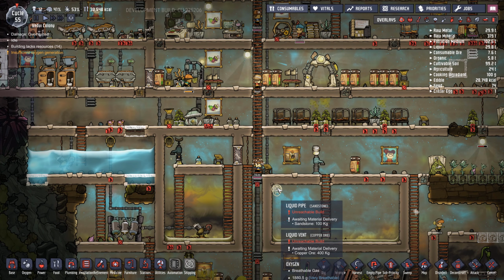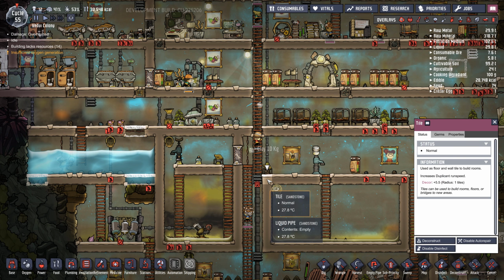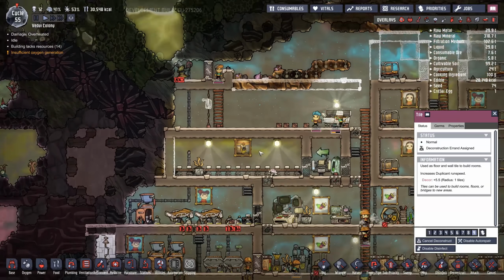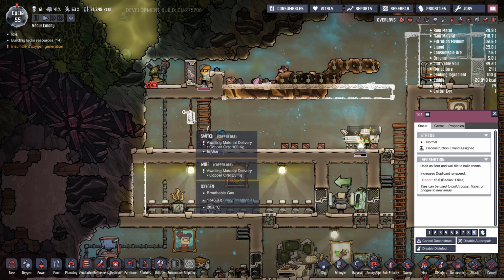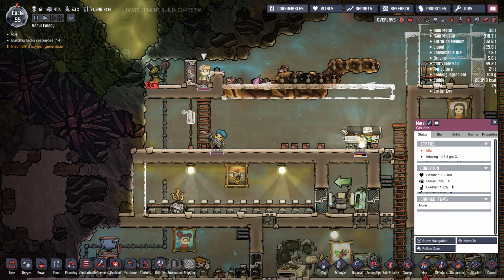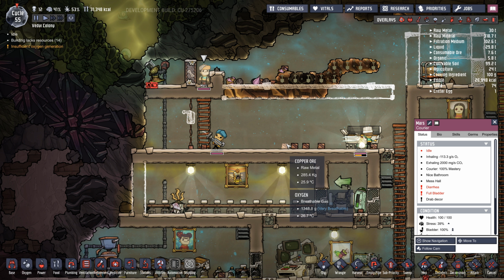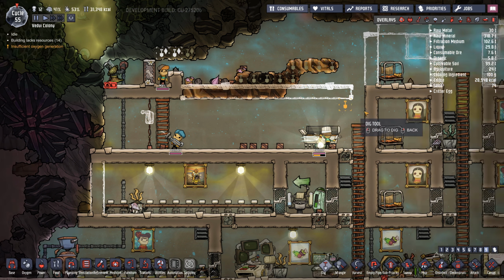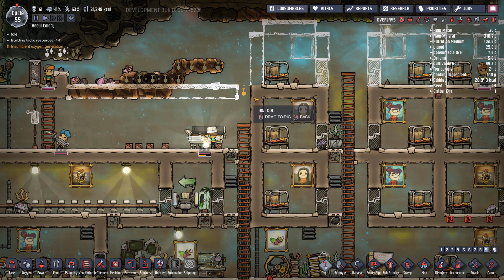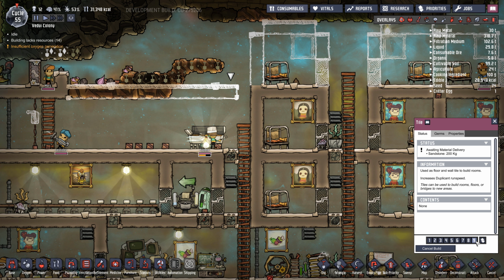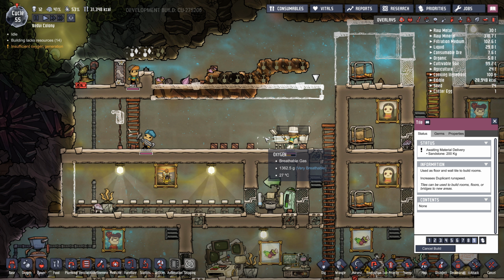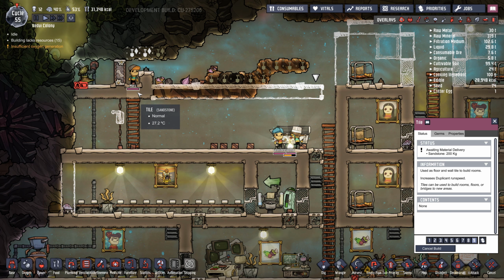Nice. Oh, unreachable dig. If we deconstruct this one though, then I think we can do that. Okay. Oh, Mars is stuck. Okay. Dig 9. We do that, maybe. Oh, Mars, he's stuck.